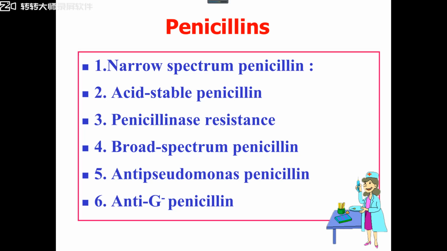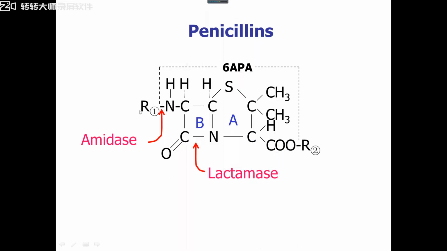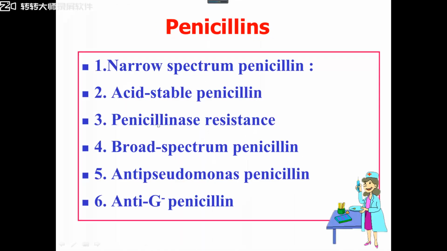Natural penicillin G cannot be given orally, so we add a new group to penicillin G and then we have penicillin V. We call this drug acid-stable penicillin, especially penicillin V, and we can administer it orally. But these penicillins are still narrow spectrum.